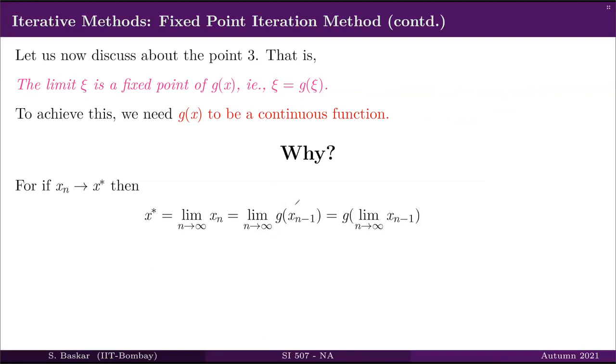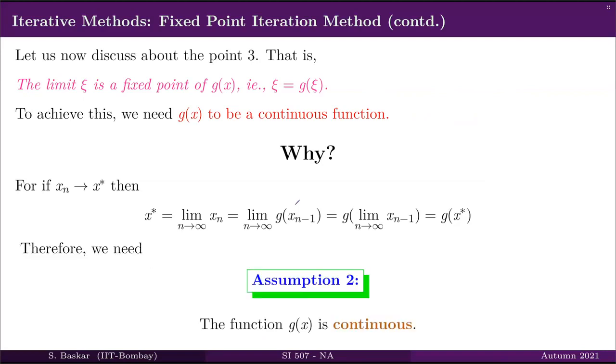And since g is continuous, I can push the limit into g and get x star to be a fixed point of g, right? So this is very simple to understand. Hence, our assumption 2 on g is that g is a continuous function.